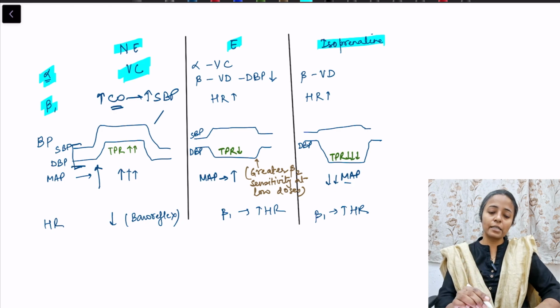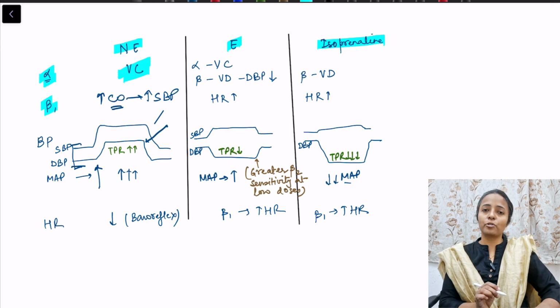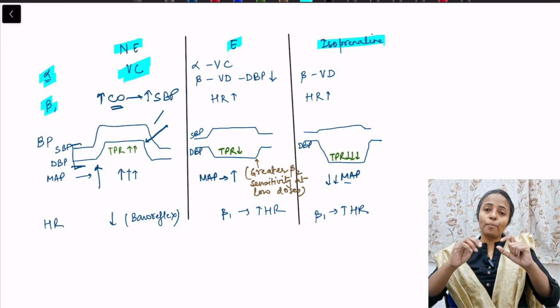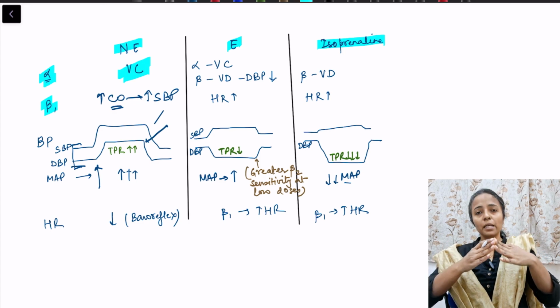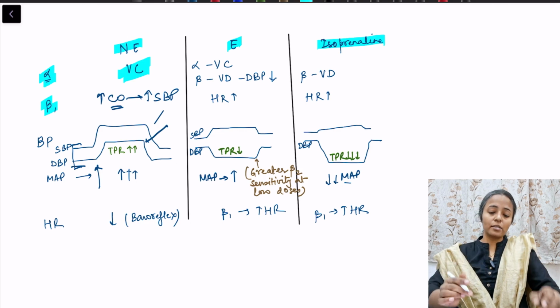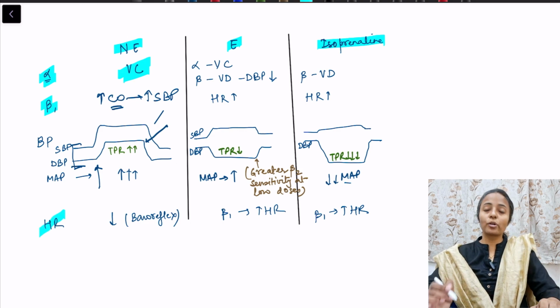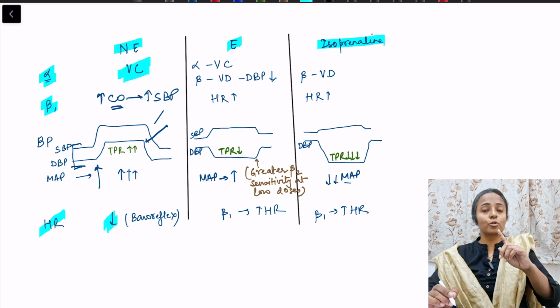So there is an increase in the systolic blood pressure and also in the diastolic blood pressure. Why? Because it is causing vasoconstriction. So mean arterial pressure is increasing. Now what happens? Because of the increase in mean arterial pressure, the baroreflex works and this causes a decrease in heart rate. So we are getting decreased heart rate due to reflex decrease in sympathetic activity, right? So decreased heart rate with norepinephrine.